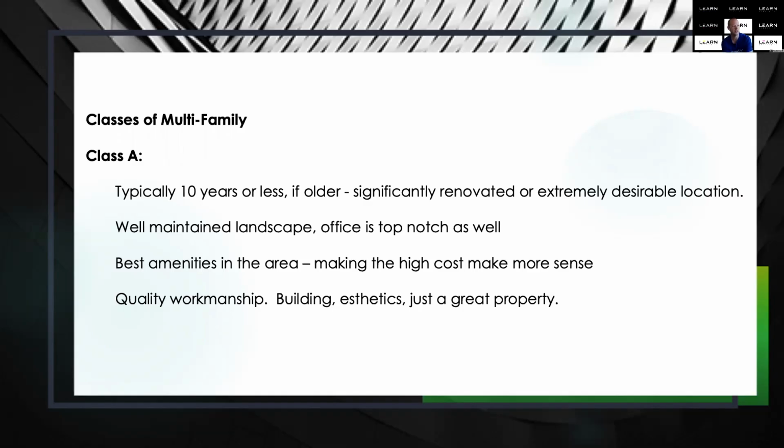So class A is typically 10 years or less, or if older, significantly renovated or in an extremely desirable location. Well-maintained landscape, top-notch offices, great amenities in the area, making the high cost make more sense. Quality workmanship, building aesthetics, just a great overall property.